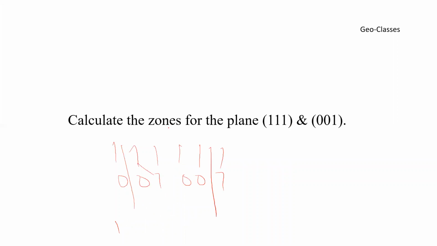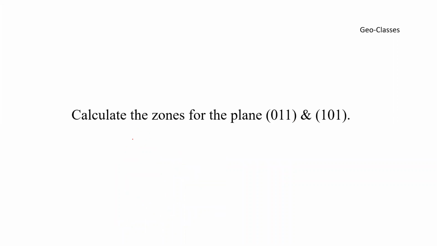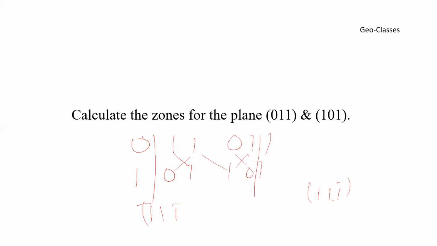See how we are solving? 0, 1, 1, 1, 0, 1, exclude the first and last. 1, 1, 1 bar. So the final is 1, 1, 1 bar.